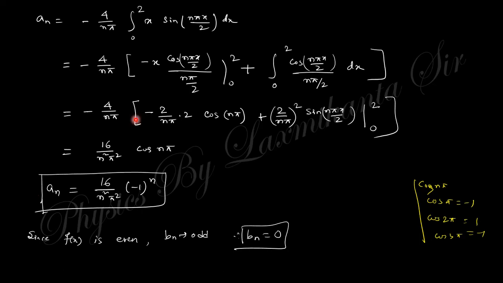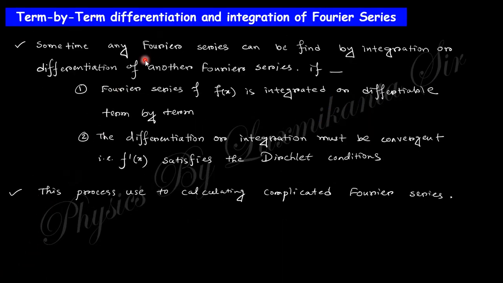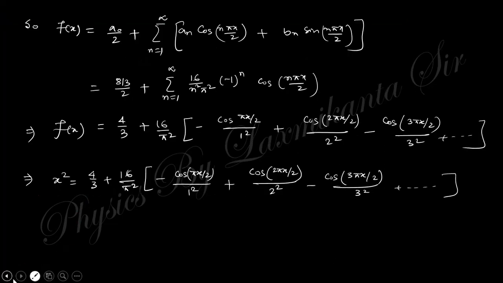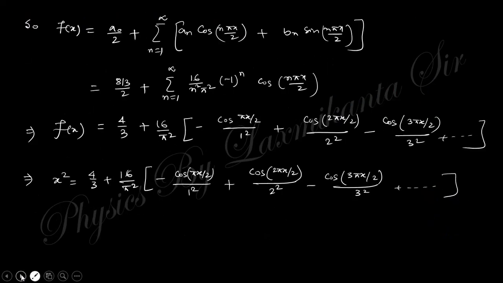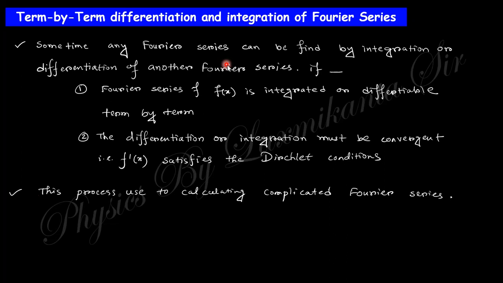So derivative and integration actually help us to reduce the effort of solving this equation where it is of higher order. Okay, so these are the uses of the Fourier series in the higher order, like that. So the Fourier series is integrable and differentiable.